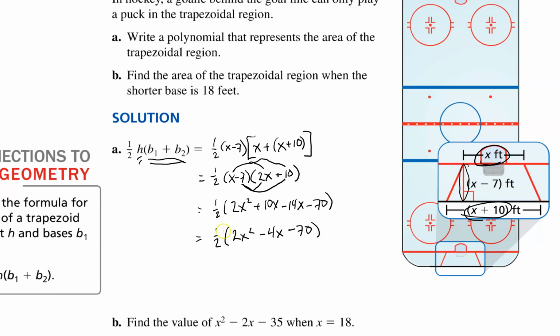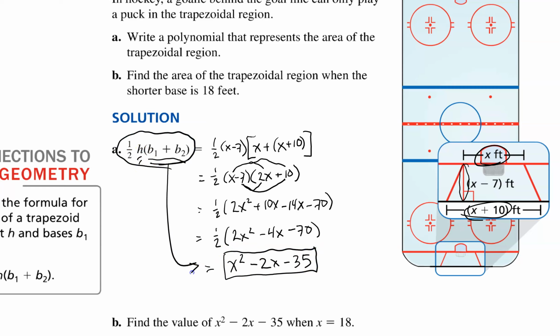And then I'm going to multiply 1/2 times each of the terms inside here. Half of 2 is 1, so that's just x squared. Half of negative 4 would be negative 2x. And then half of negative 70 would be negative 35. And that expression is the area, according to our formula, but in terms of a polynomial.